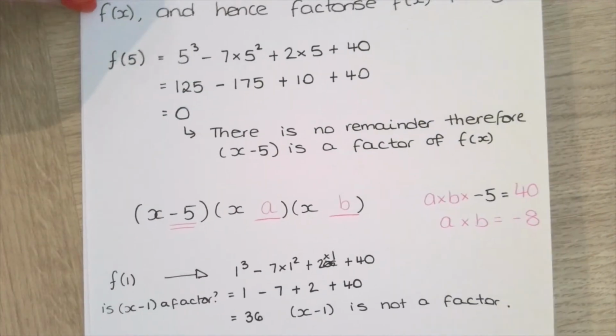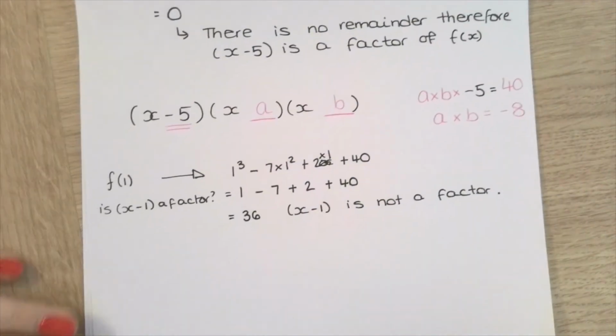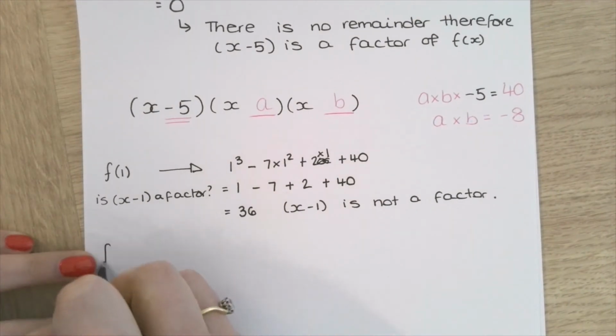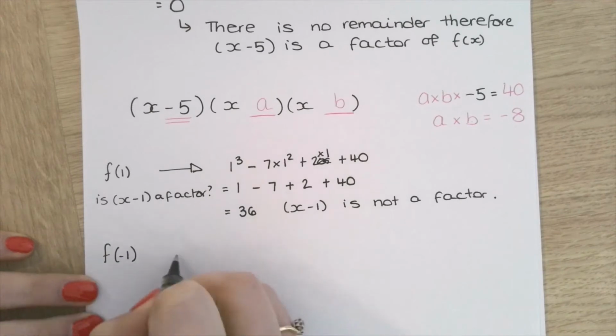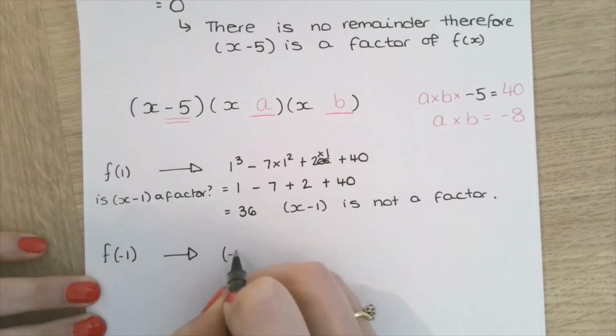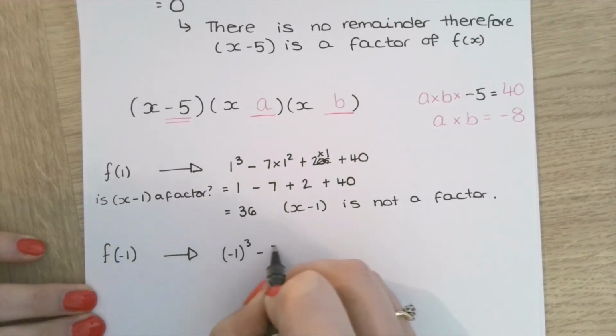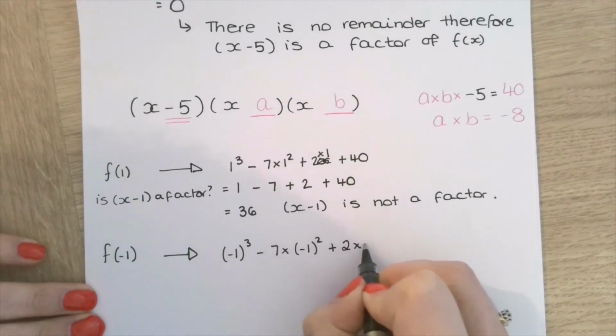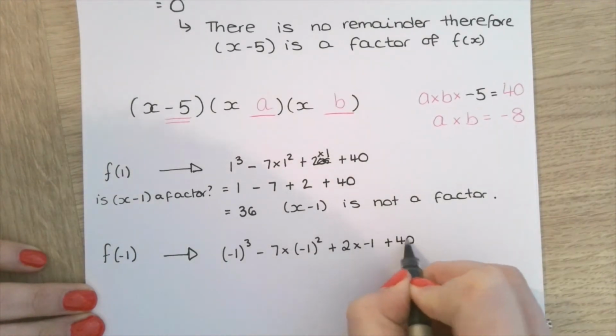So let's try f of minus 2. Sorry, f of minus 1. Let's try f of negative 1. So I'm going to do negative 1 cubed minus 7 times negative 1 squared plus 2 times negative 1 plus 40.